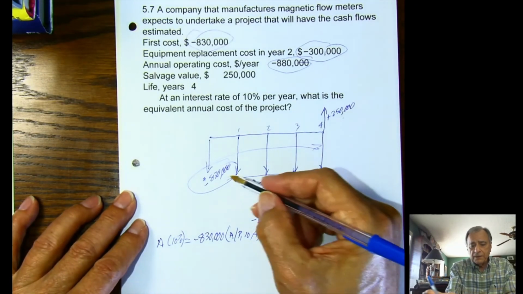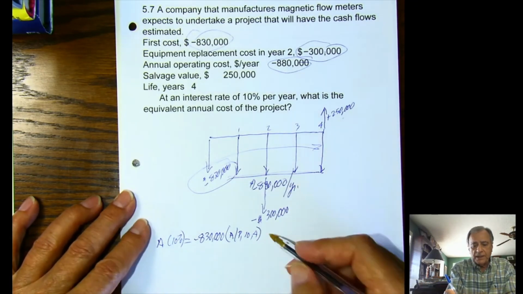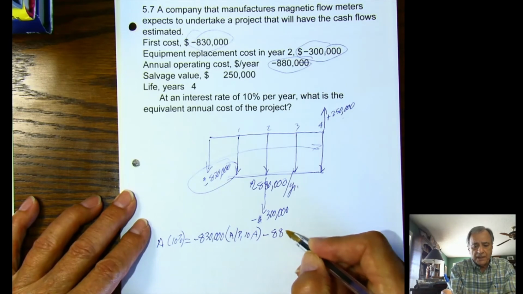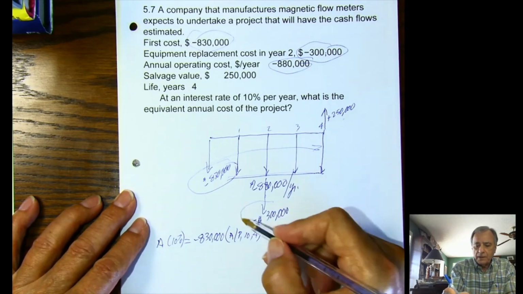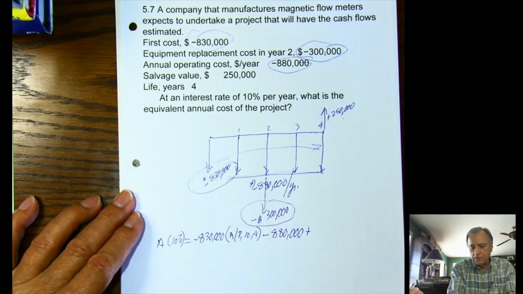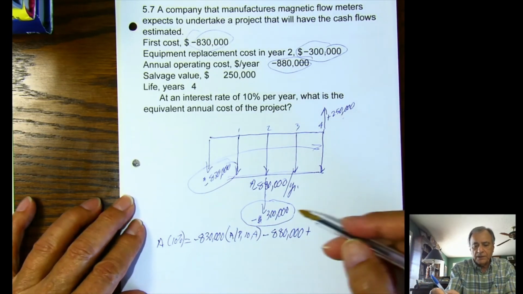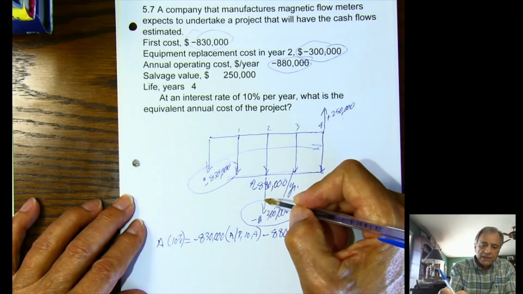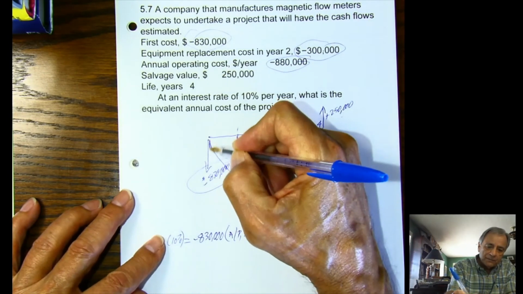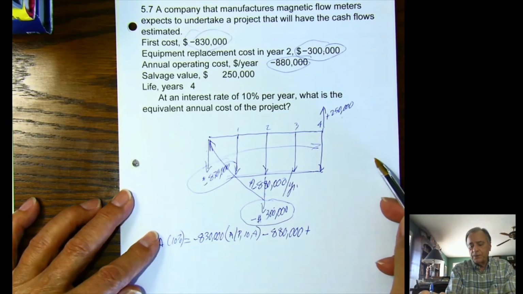Then I have a uniform series of 880,000, so I'll just put that there. Then I have this maintenance or cash flow at time 2 of 300,000, which I need to bring back to the present time and then spread over the 4 years.